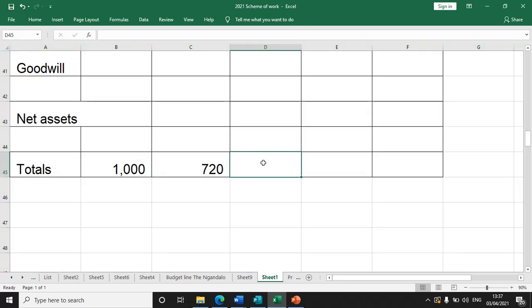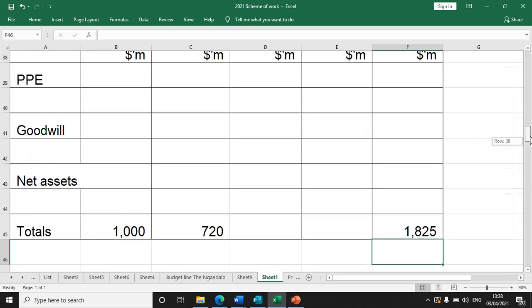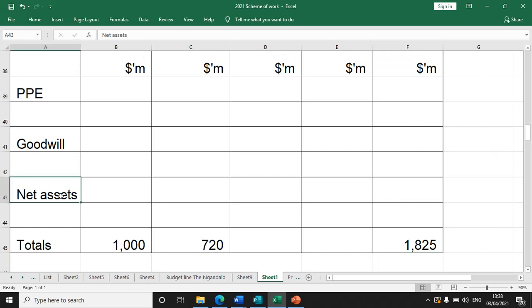You have got the other amounts, but please take note that the new total for the CGU is now standing at 1825. Yeah, so 1825. I think we can make do with that. All right, so let us try to see if we can make sense out of this one. Okay, great. Let me just create some space here.